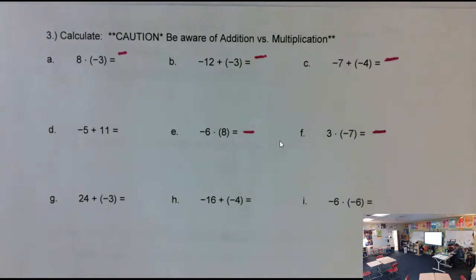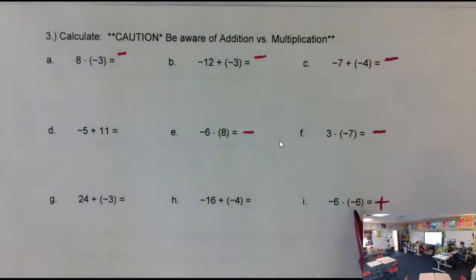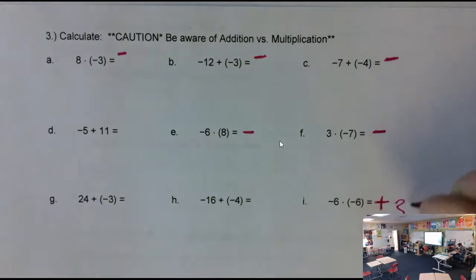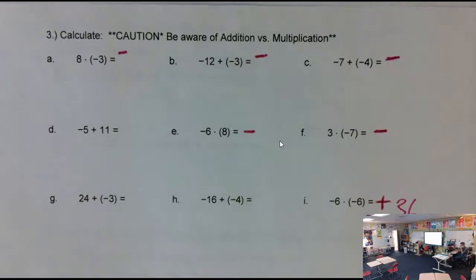Same with F, it's going to be negative. But I is a negative times a negative. What's a negative times a negative? A positive. So actually, we'll kind of work backwards here. We already know that a negative times a negative is a positive. So if we do 6 times 6, 36. So think about the sign first, then the actual numbers.